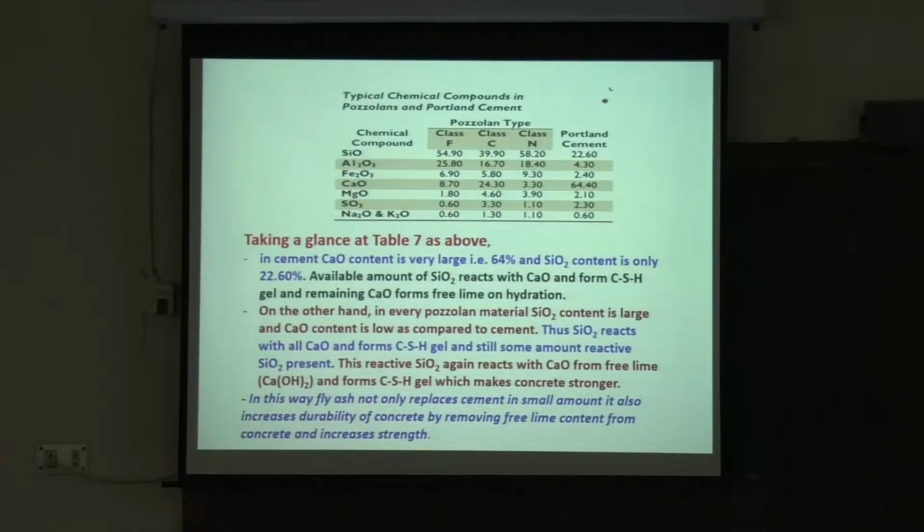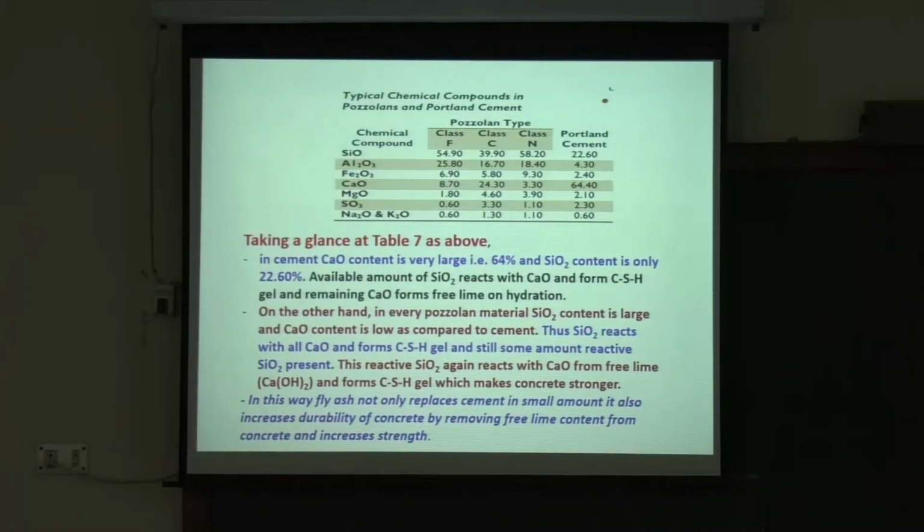And this table is just a reminder. In cement, the calcium oxide content is very large, as we have seen before, about 64%, and the silicon dioxide content is only about 22%. The available silicon dioxide reacts with calcium oxide and forms the CSH gel, and the remaining calcium oxide forms free lime on hydration.